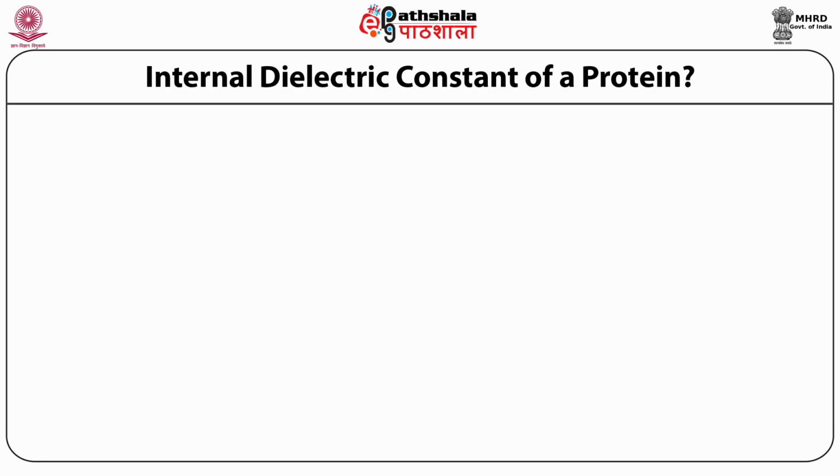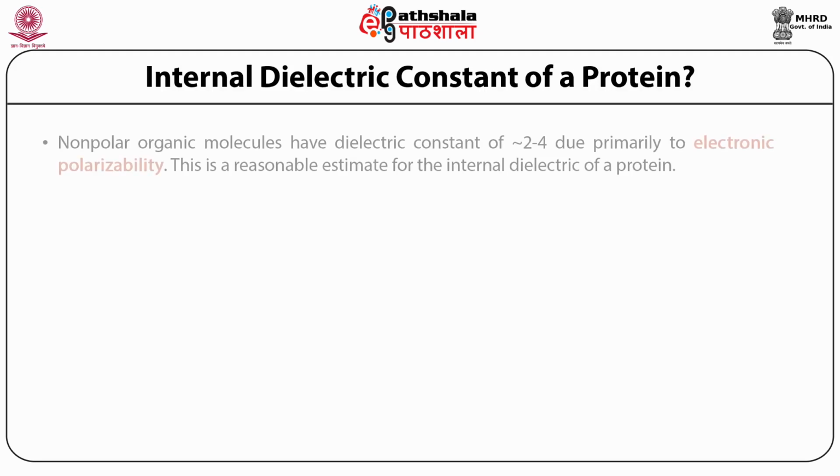Internal dielectric constant of a protein. This is a very important thing students should know and must know when you do simulation or modeling with proteins and DNA or even macromolecules like nonpolar molecules. Experimental data says that for most nonpolar organic molecules the dielectric constant is between 2 to 4, because of electronic polarizability.